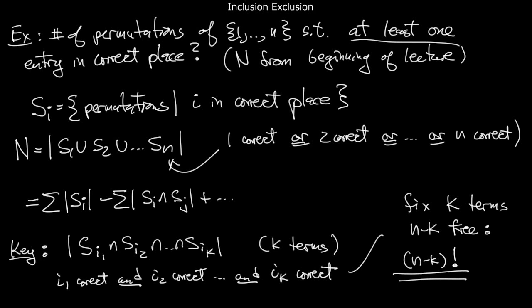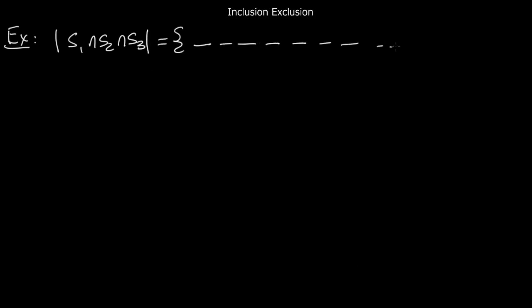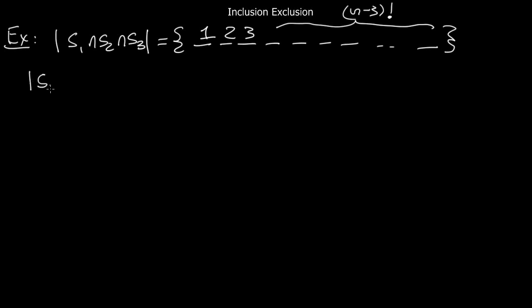So, for example, the order of S1 is n minus 1 factorial. What about, for example, the order of S1 intersect S2 intersect S3? That's the permutations where 1 is correct and 2 is correct and 3 is correct. So 1, 2, and 3 are correct. And what's left is n minus 3 factorial. Okay, so that tells us how to calculate the orders of each of these intersections.